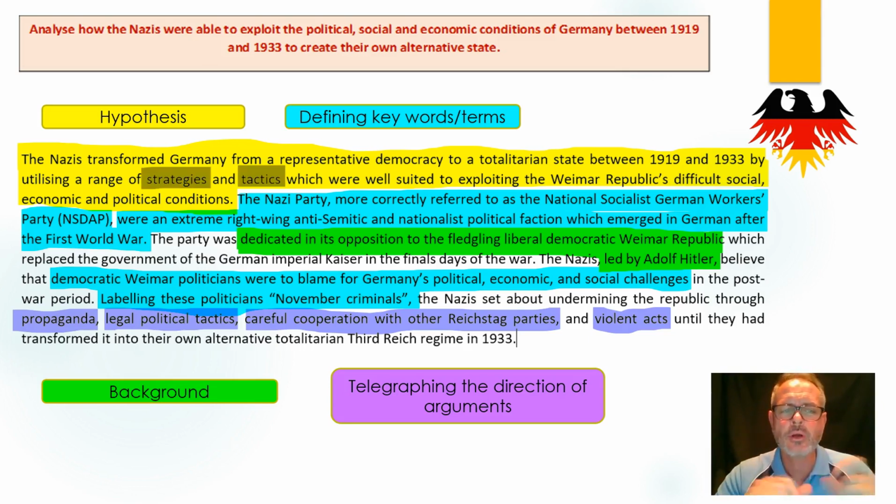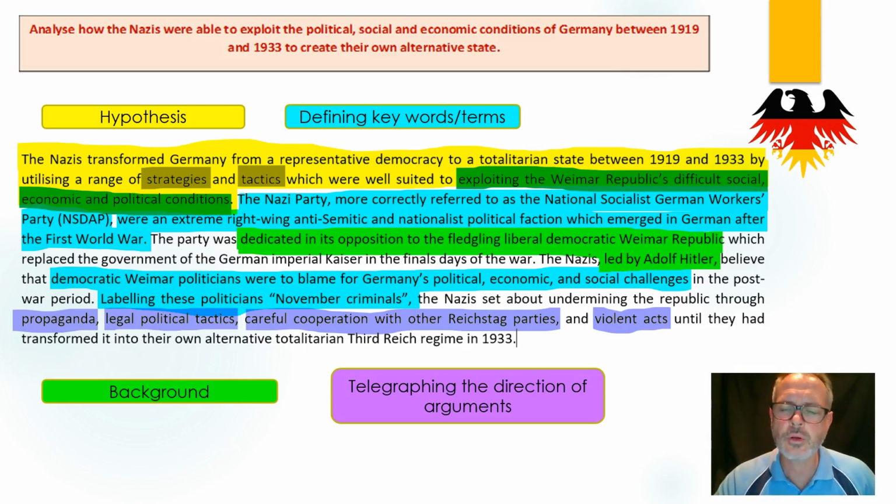And they pick up on, in my hypothesis, the words strategies and tactics, so propaganda, legal political tactics, careful cooperation and violent acts, they're strategies and tactics. Oh, I see. So the end of my paragraph is still tying in cohesively with my hypothesis.